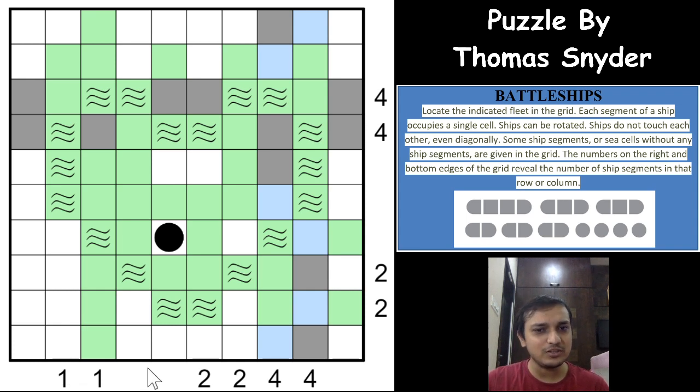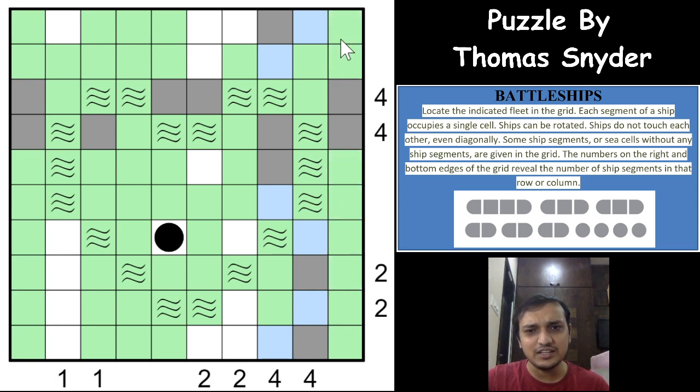So 6 plus 14 gives us 20, which means that there cannot be any number of ship segments outside these 6 columns now, which will give us more than 20, which means any ship segment now has to be placed inside these 6 columns. So we can just unshade all the columns outside these 6 columns, right?